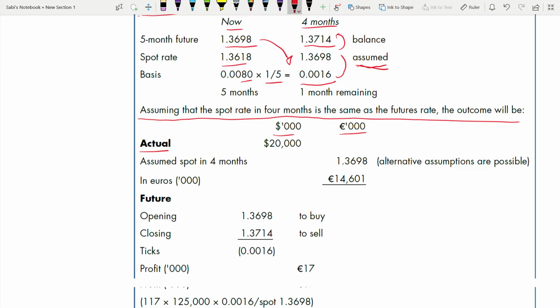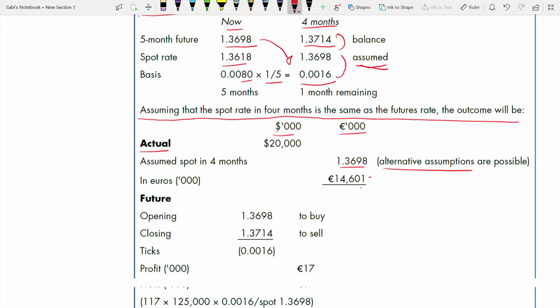This is in dollars, by the way, and this is in euros, because everything needs to be converted into euros at the end. Keep it in euros because the dollar is a foreign currency. Assume the spot in 4 months' time is this rate. We already calculated this in the beginning: 20 million divided by 1.3698, so we are getting 14,601,000 euros.